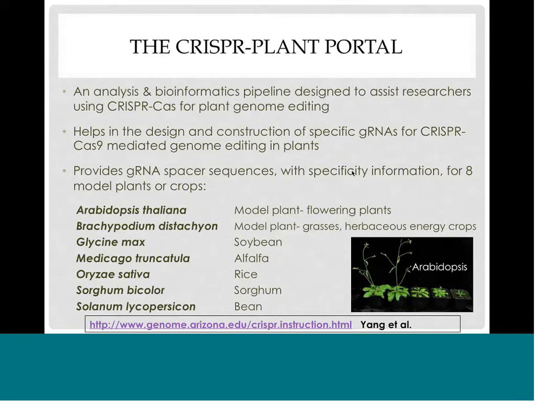And they actually give database information on 8 model plants or crops that you see here that are available for anyone to use. And you can access this at the website that I show there at the bottom of the slide.